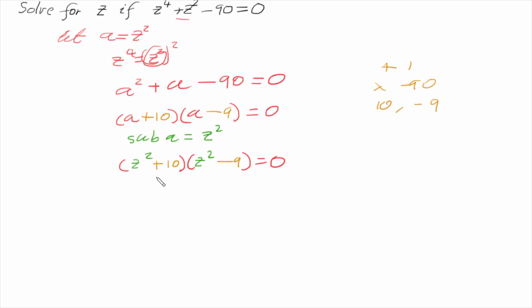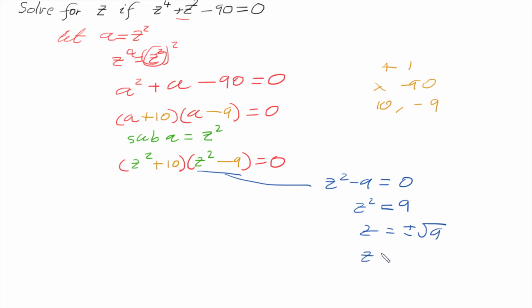Z squared minus 9 is nice and easy to solve. Z squared minus 9 equals 0 means that z squared equals 9, which means that z is plus or minus the square root of 9. So two of my roots are plus or minus 3.